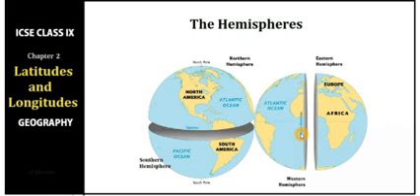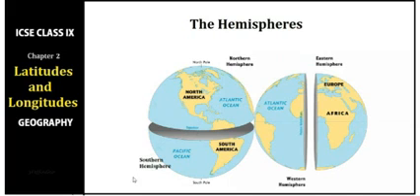Remember, to find out the location of a place, latitude gives us the location of a place north or south of the equator. Such a location is known as an absolute location. Remember it.